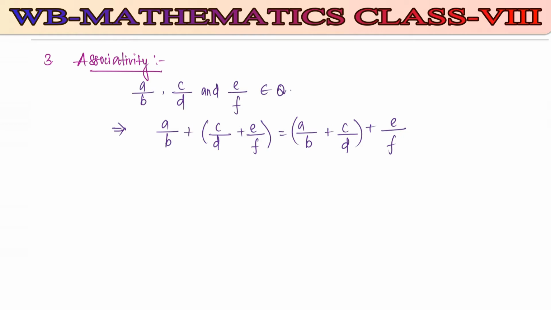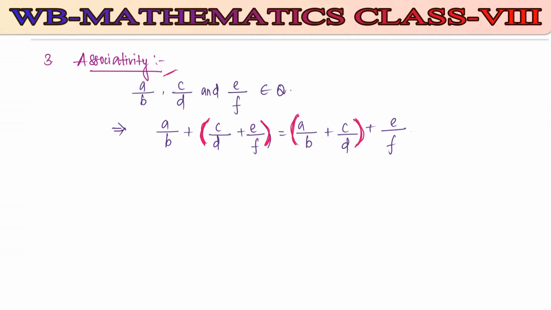On the left-hand side we have the sum of the second and third terms. On the right-hand side we have the sum of the first two terms. First we need to simplify, then add the third term. If the final results of the left-hand side and right-hand side are equal, then it satisfies the associative property.